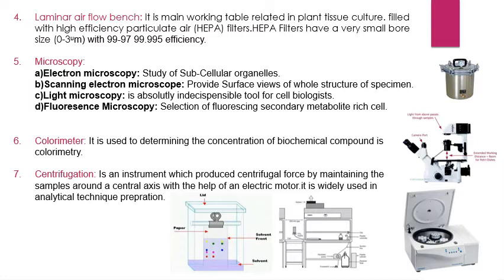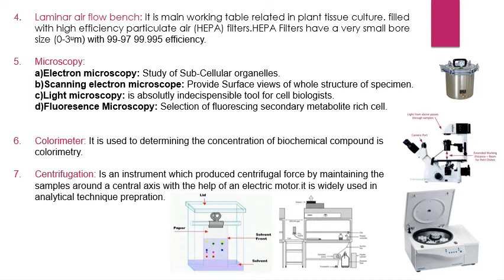Sixth point, colorimeter. It is used to determine the concentration of a biochemical compound by colorimetry. Seventh point, centrifugation. A centrifuge is an instrument which produces a centrifugal force by rotating the samples around a central axis with the help of an electric motor.